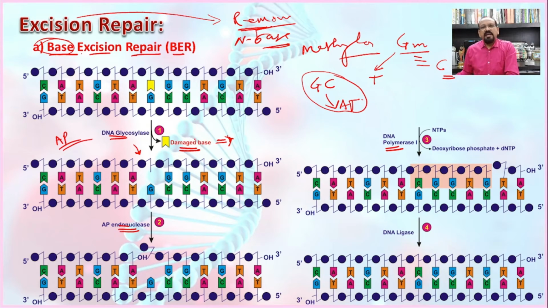Up to 7 to 8 or up to 12 nitrogen bases are added continuously in the correct sequence, and after synthesis of the particular strand on the template, by the activity of DNA ligase the gap is sealed. See here, there was a gap, and this gap is sealed with the help of DNA ligase, and in this way the damaged nitrogen base is removed and the normal condition of the DNA molecule is restored.